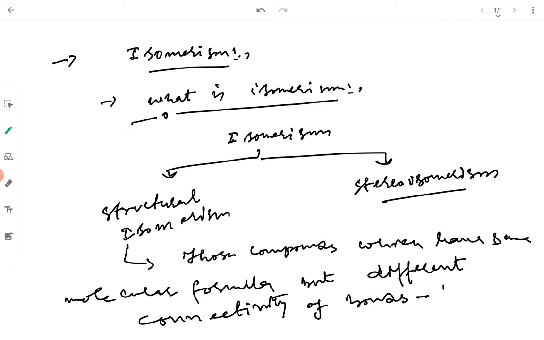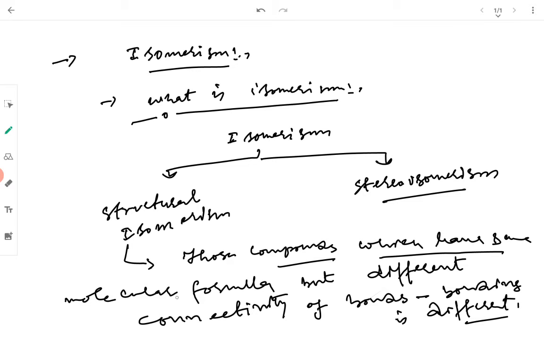Means their bonding is different. So those compounds which have the same molecular formula but different connectivity, means different kind of bonding, such isomers are known as structural isomers. They are called structural isomers.